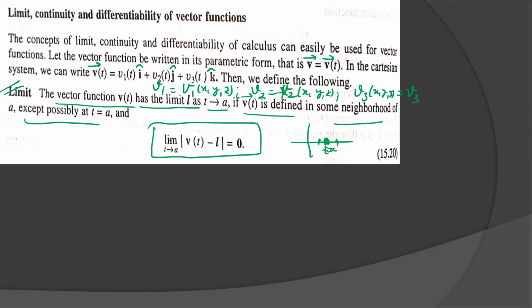Then we take the limiting case of the V(t) vector, and suppose this limit is tending to L. If we have a vector function, then its limit can also be in vector form. When t tends to a, the magnitude of V(t) minus L tends to 0, where V(t) is the function and L is the limit. So this is the definition of limit in vector representation.